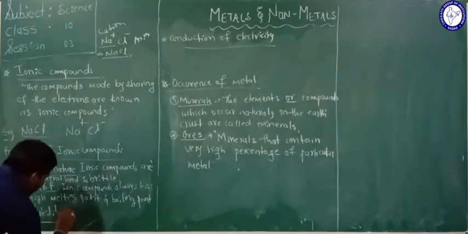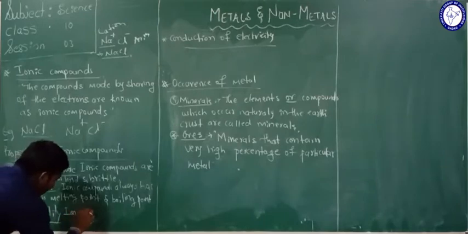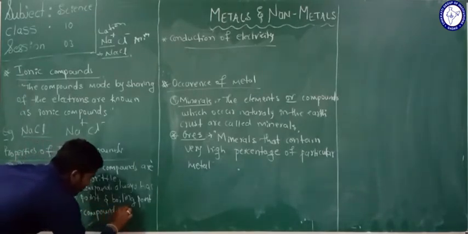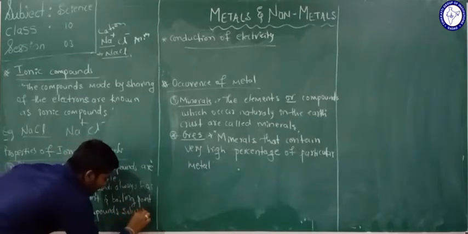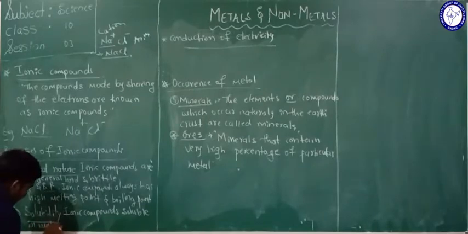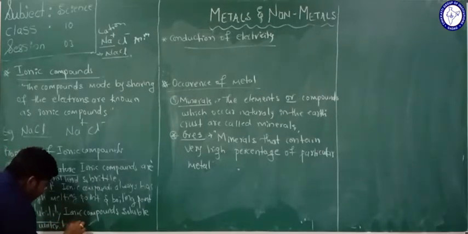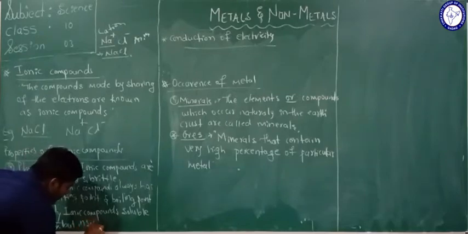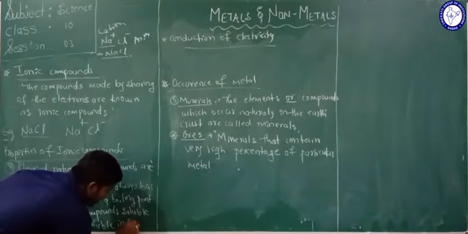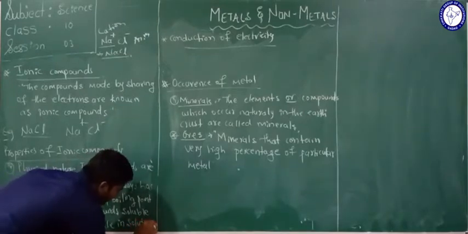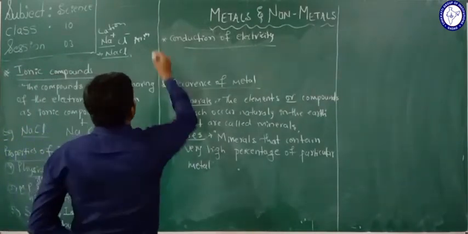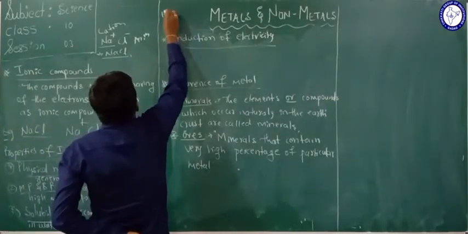Ionic compounds are soluble in water, but insoluble in solvents like kerosene.